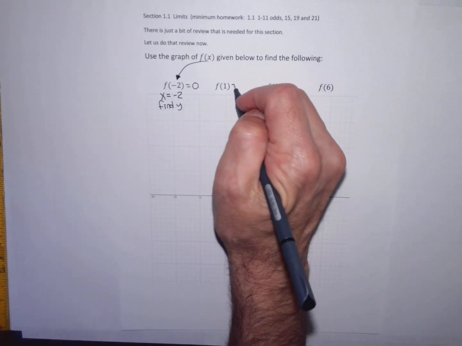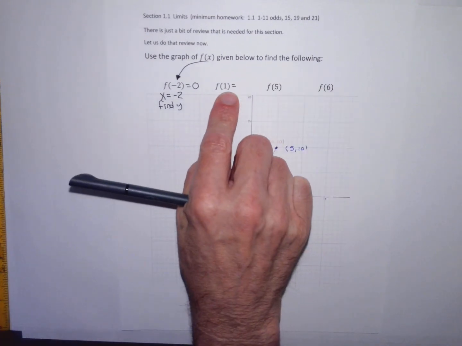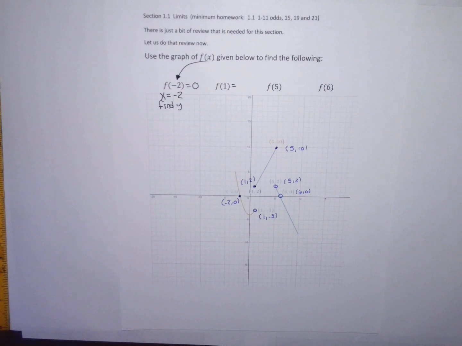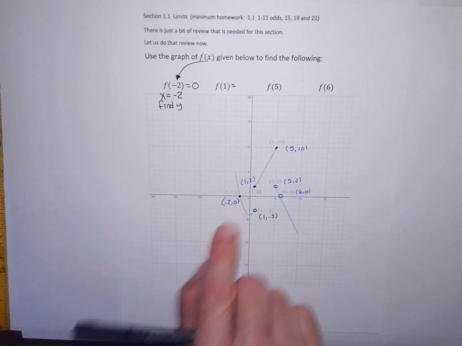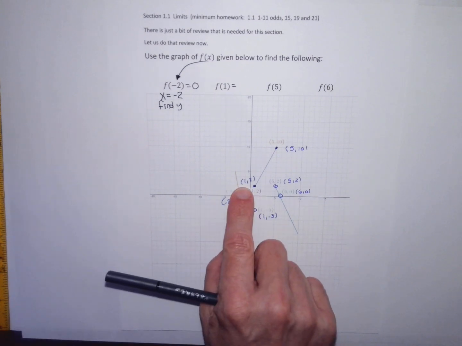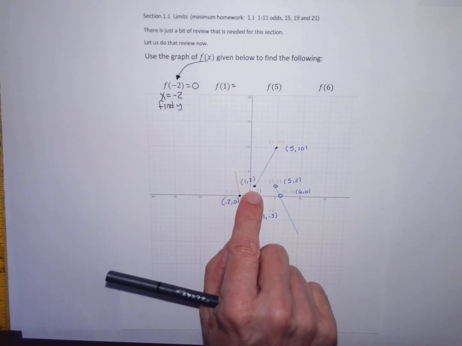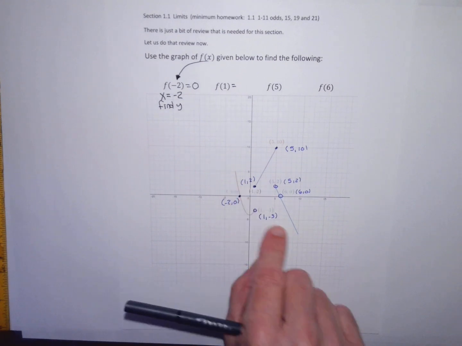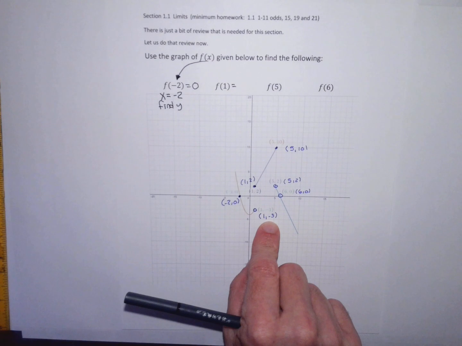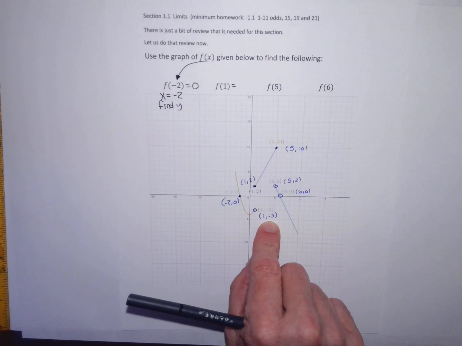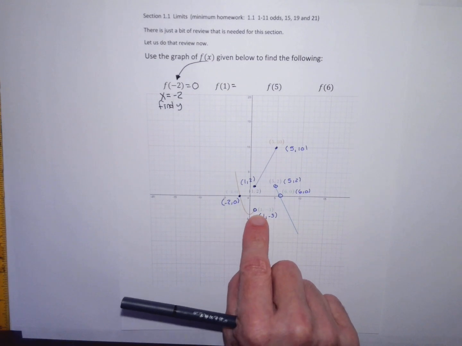When I move on to answer what f of 1 is, f of 1 is the y coordinate of any point on the graph that has an x equal to 1. Well, there are 2 points that are marked with x equal to 1. The point 1, 2 that's marked with a closed circle, and the point 1, -3 that's marked with an open circle. Points with open circles aren't considered part of the graph.